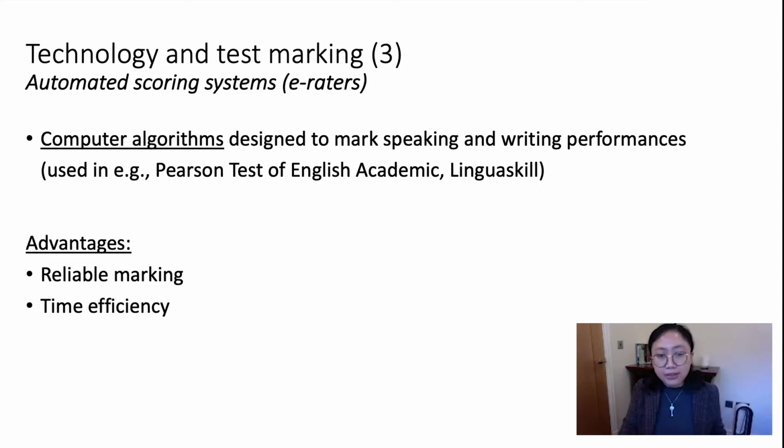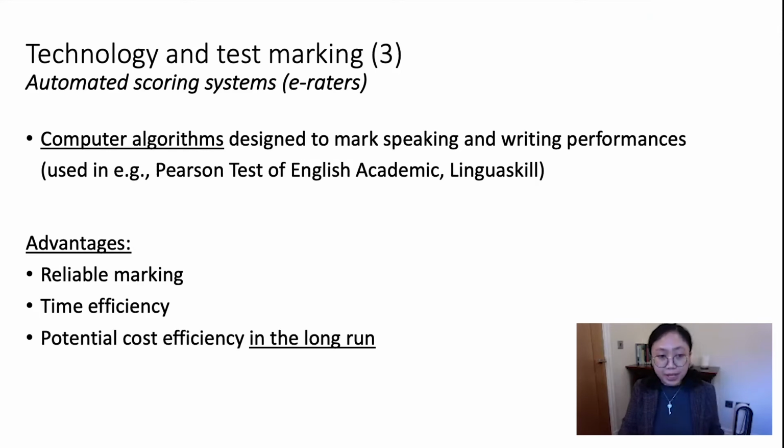And they can do it very fast as well. I argue that in the long run there is potential cost efficiency. Of course, the initial investment in the development is massive, but in the long run I think it's going to be cheaper than paying raters. But again, it's probably only practical for large-scale tests, okay?